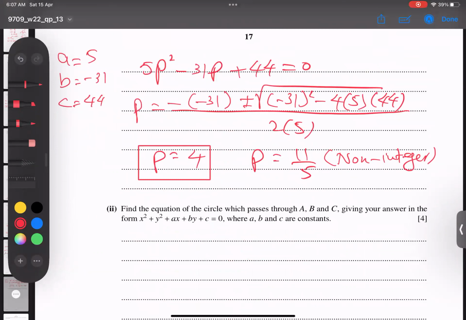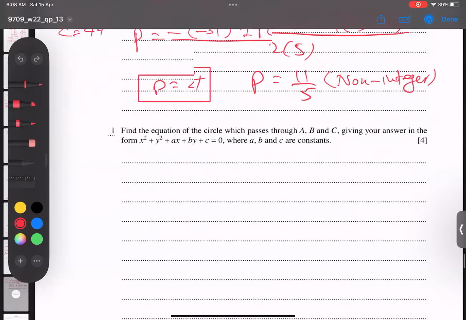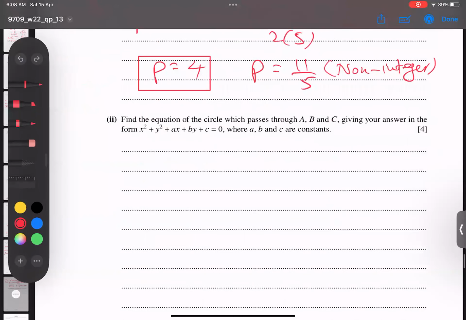Last part. For this circle, find the equation of the circle which passes through A, B, C. Okay, all 3 points lie on the circle. Give the answer in this form. So I'm looking for the circle equation. There is one thing I want to discuss. That is a very basic criterion we have. Whenever all 3 points lie on a circle, one point I want to discuss, very important with you, is that this is a diameter, O, and this is whenever a point is on it.